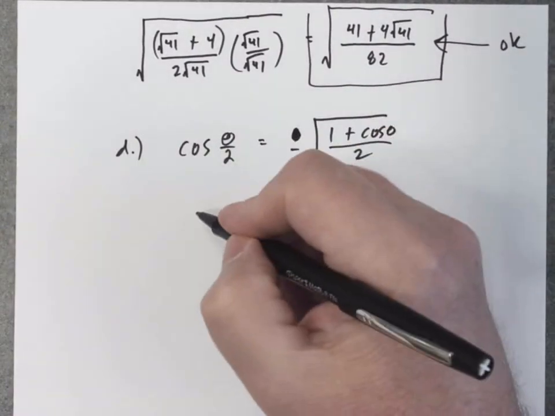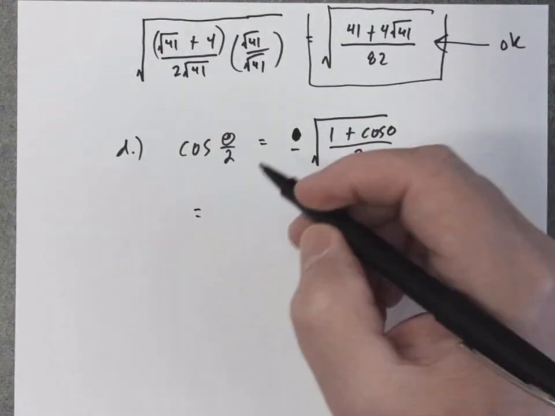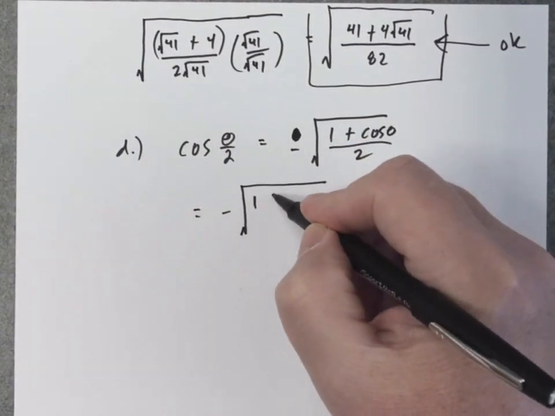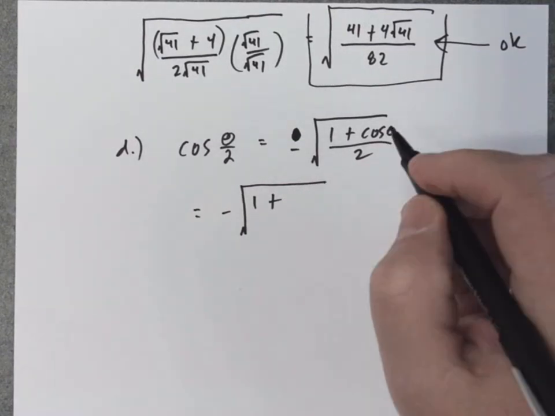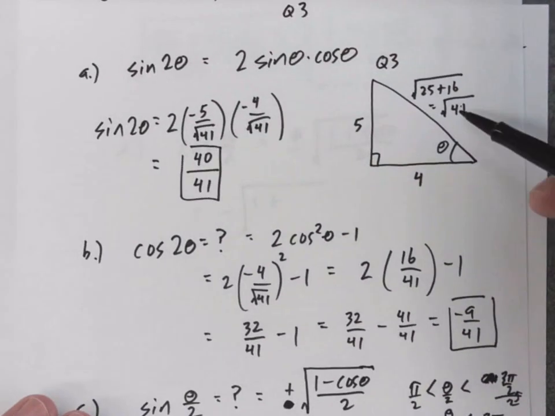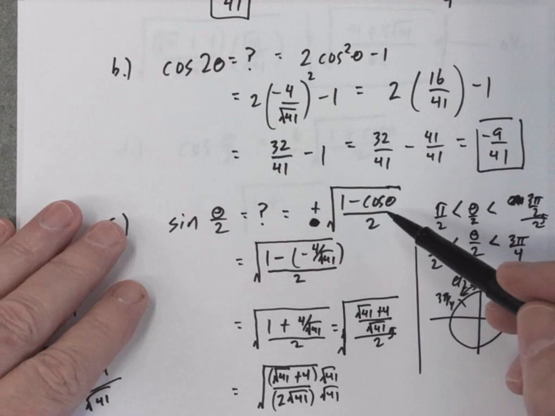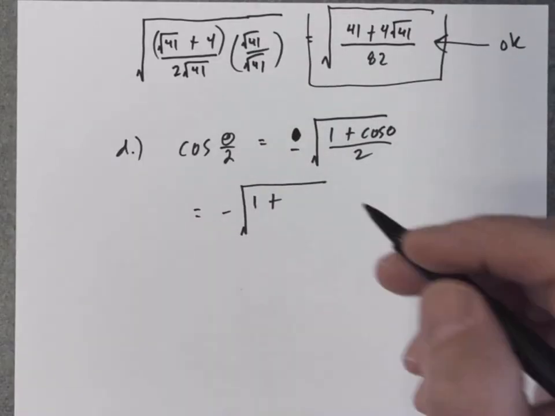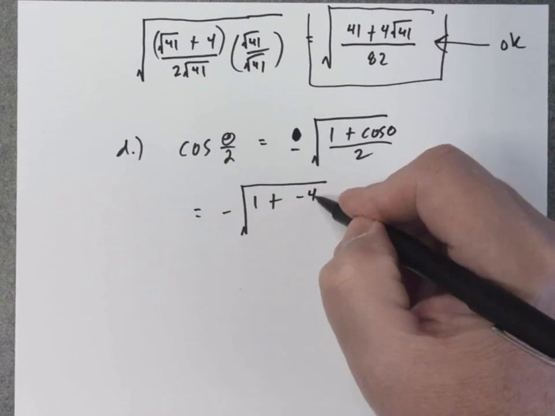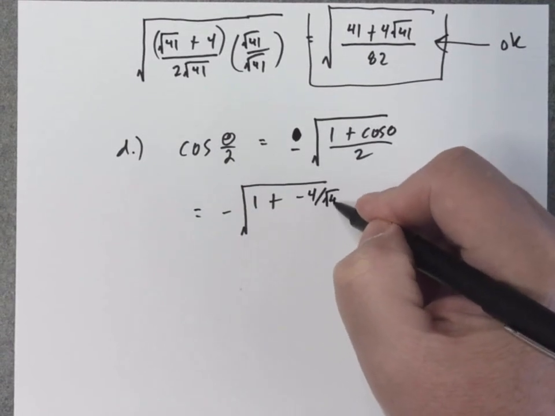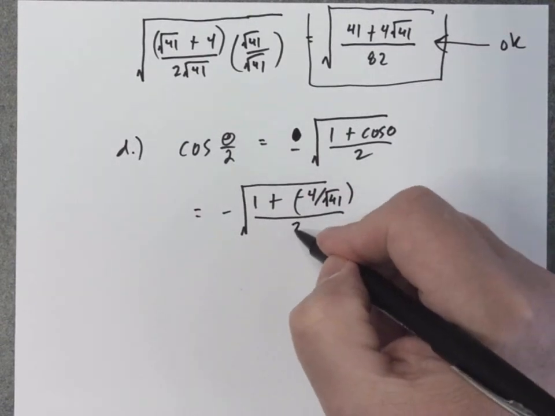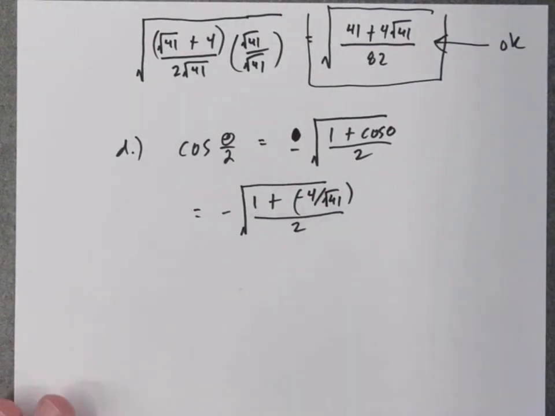And now I have to redo what I just did a minute ago, where I have to do this messy algebra. Cosine of theta, I go back here, or I can even just look here at what the cosine of theta is. Negative 4 over square root of 41, and all of this over 2.